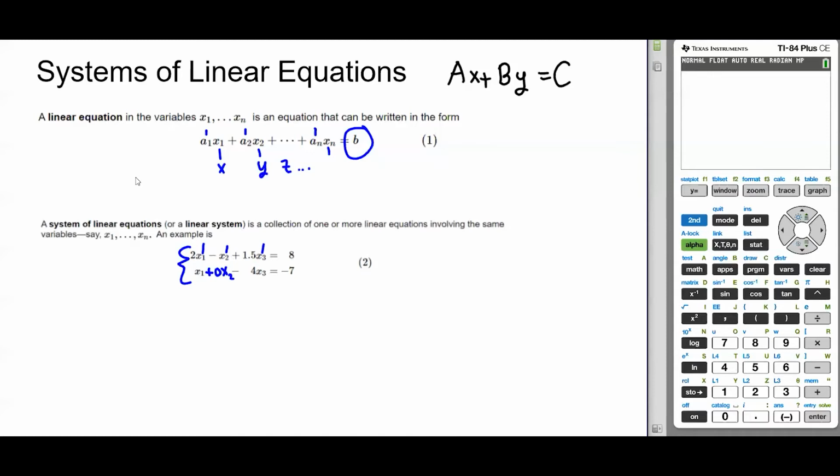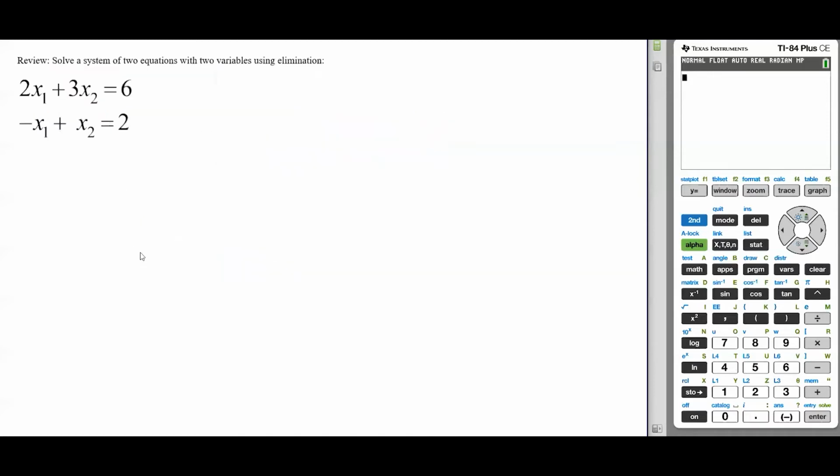So let's do an example where we solve a system using one of the techniques that you learned in algebra. This is called elimination. So I have these two linear equations. They're both written in standard form with the variables listed in order.